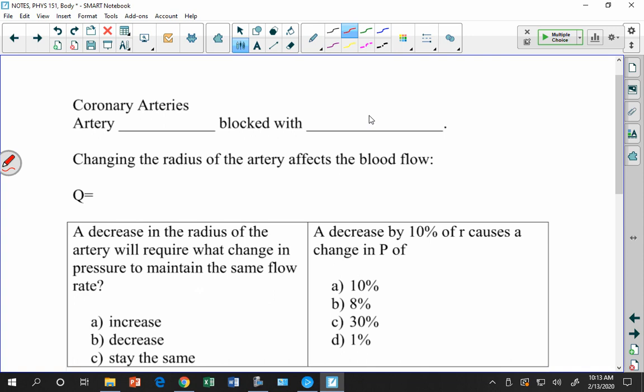We'll pick back up on the coronary arteries. The coronary artery can be blocked with cholesterol, and changing the radius of the artery affects the blood flow. Q is going to be constant because it's a closed system.